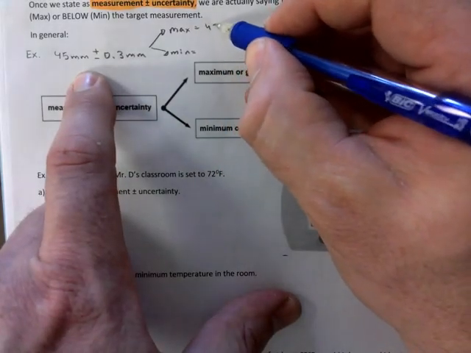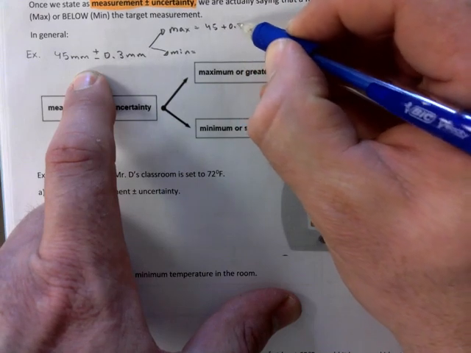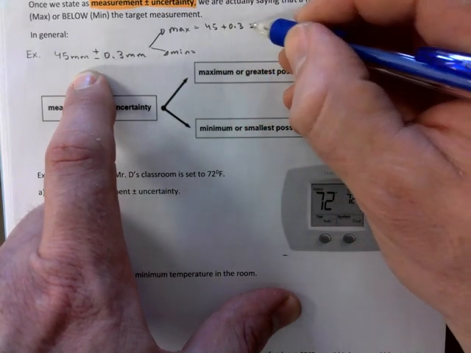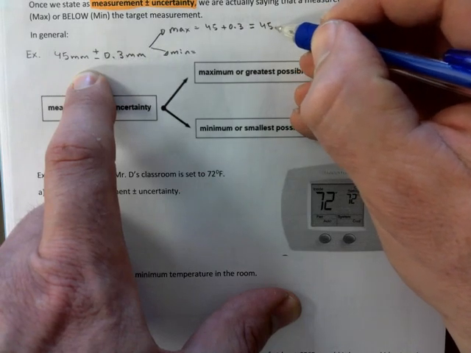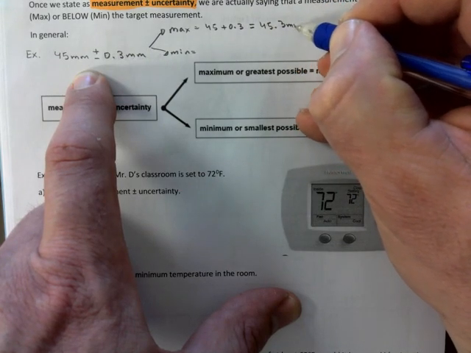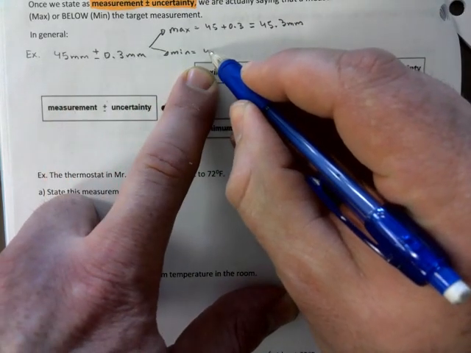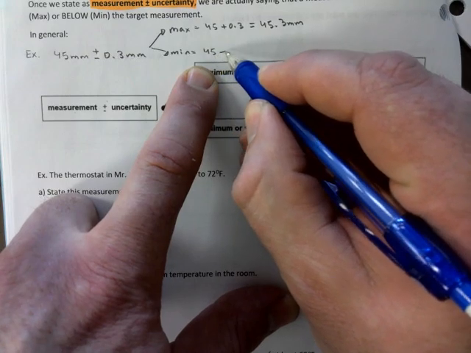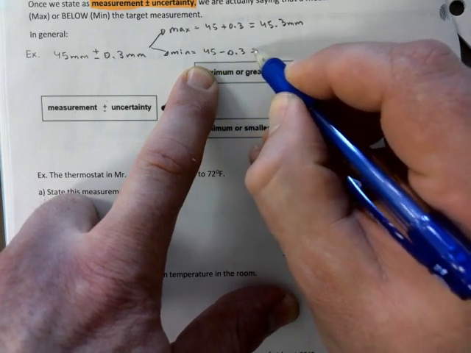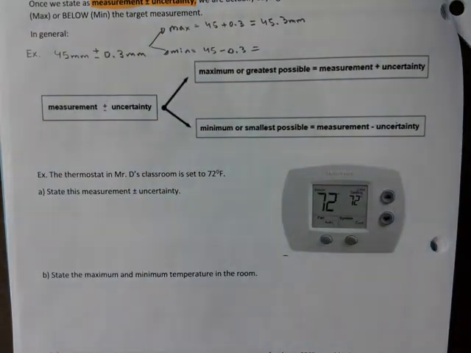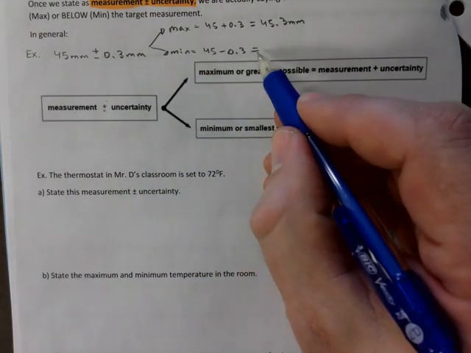This would be 45 plus 0.3. That is what? 45.3 millimeters. And the minimum is 45 minus 0.3, minimum minus, right? So hopefully that makes sense.